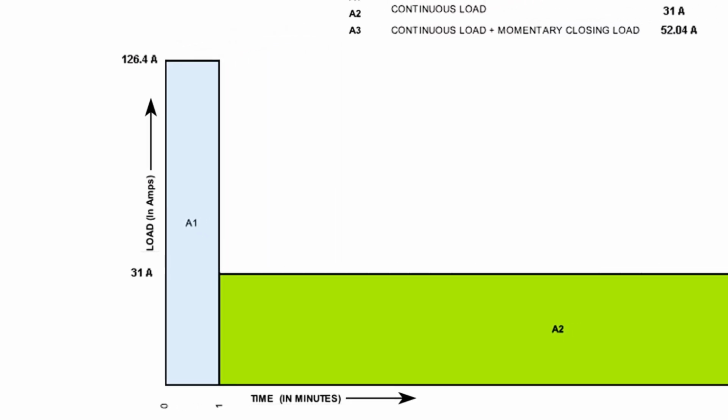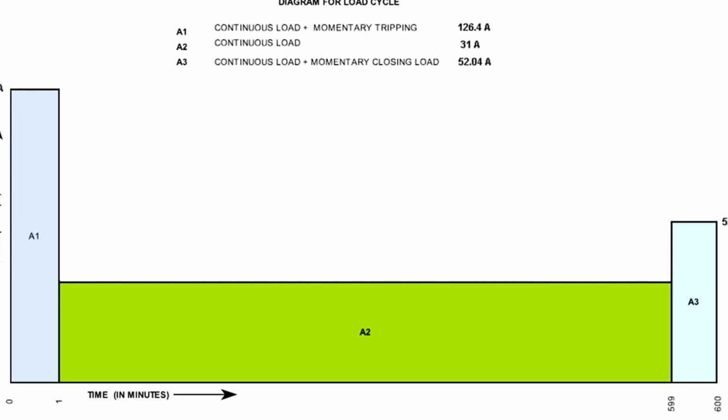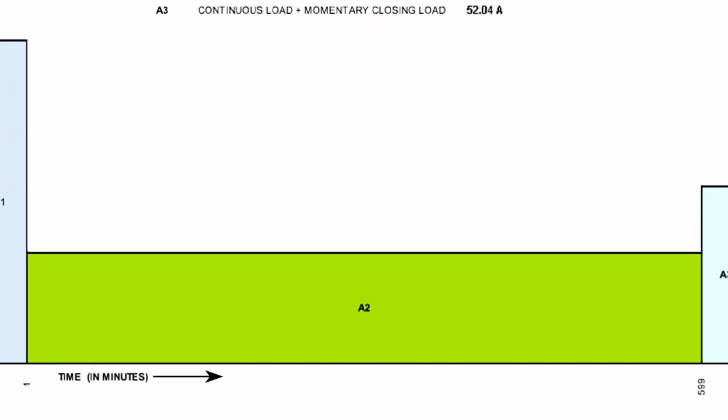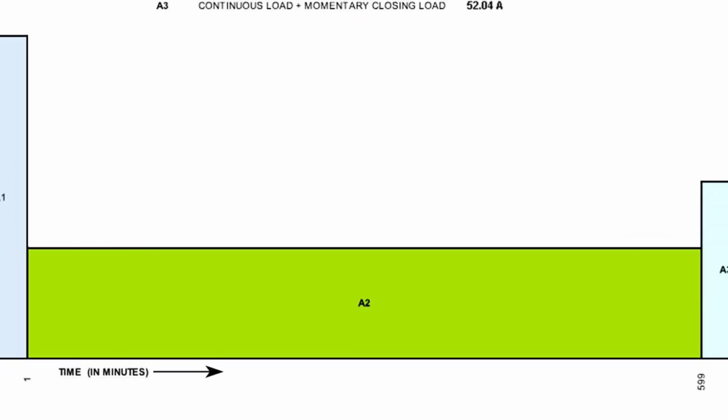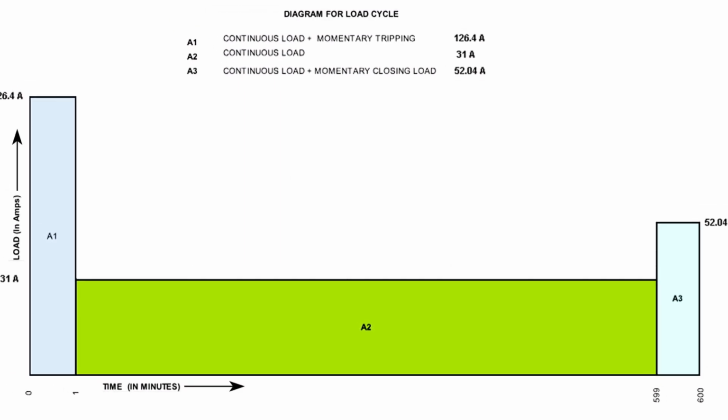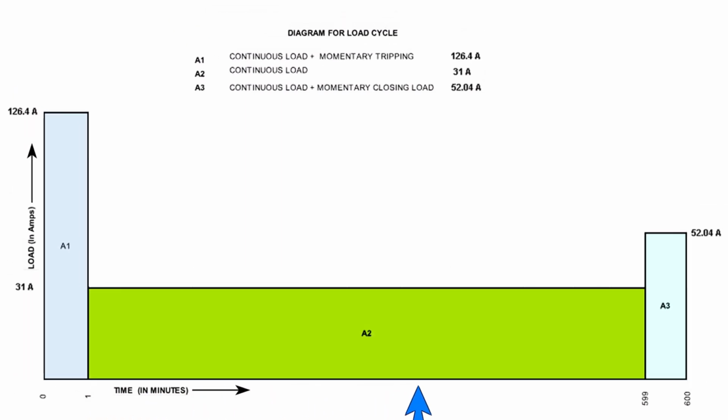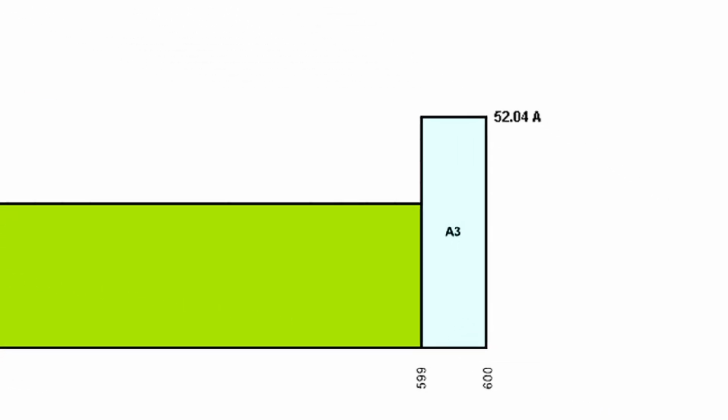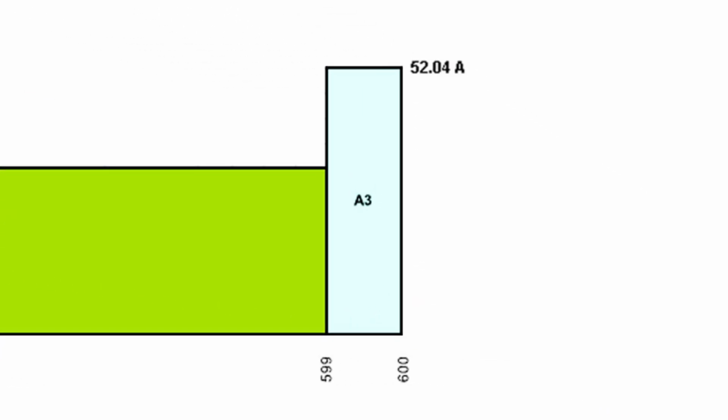After that, we will draw the second block, that is the A2 block, with continuous load only for prolonged hours from 1 minute to 599 minutes. Then, we will draw the third block, that is the A3 block, with the current of continuous load plus momentary closing load.